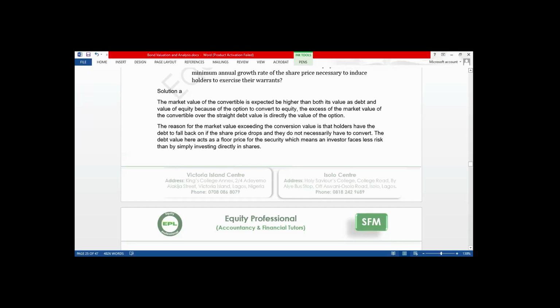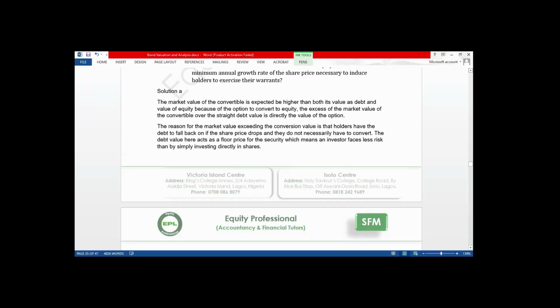Now the response will be: the market value of the convertible is expected to be higher than both its value as a debt and its equity value, because of the option to convert to equity.